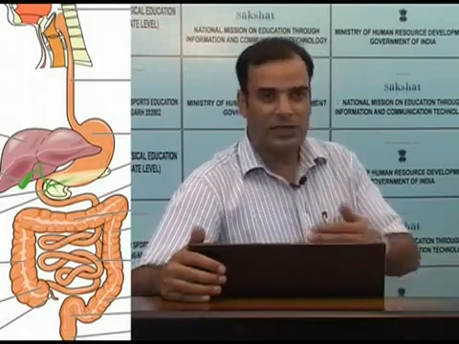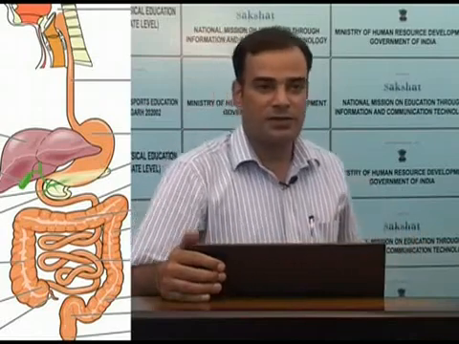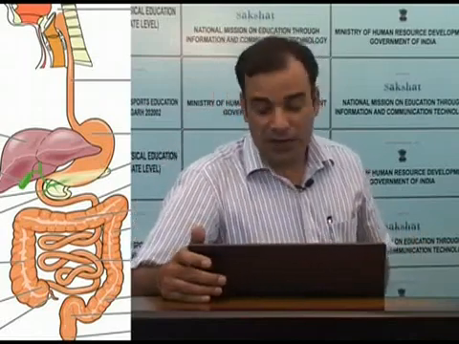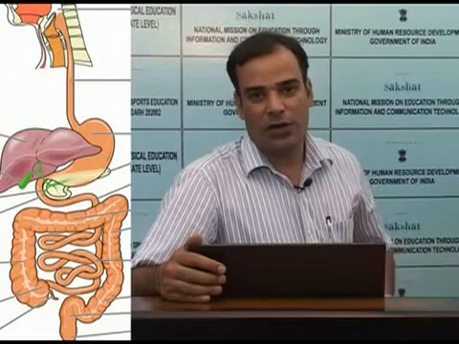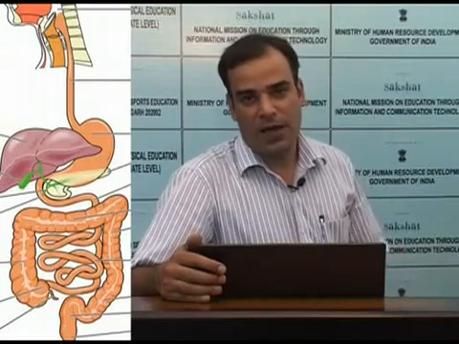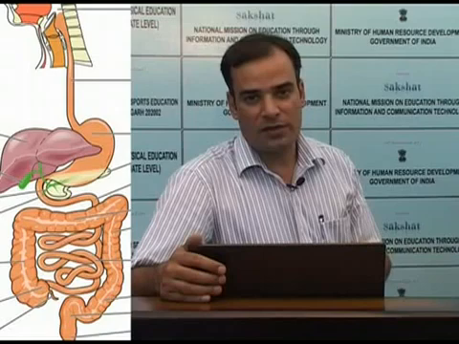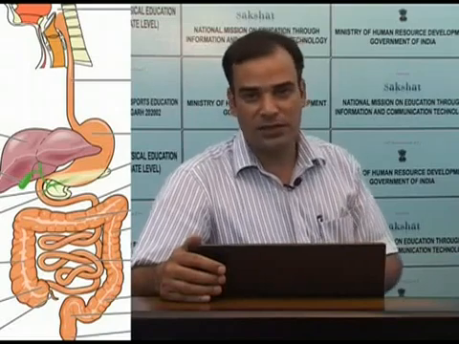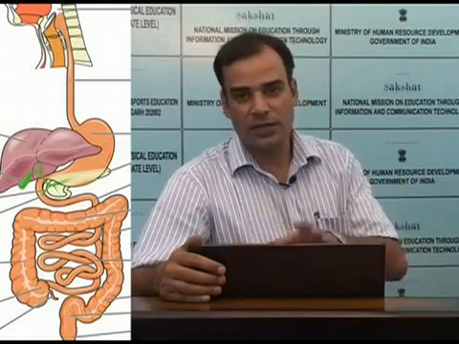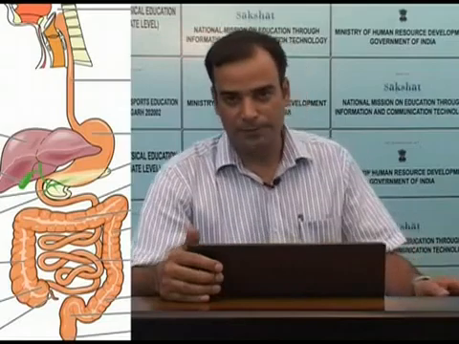As far as the external nervous supply of the GIT is concerned, like other visceral organs, it's also supplied by the autonomic nervous system. Both divisions of the autonomic nervous system, that is the sympathetic nervous system and the parasympathetic nervous system, supply the GIT.